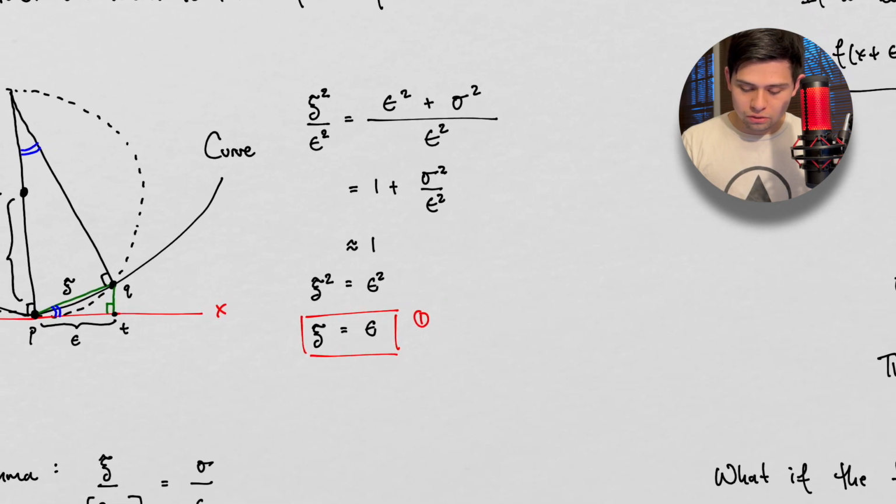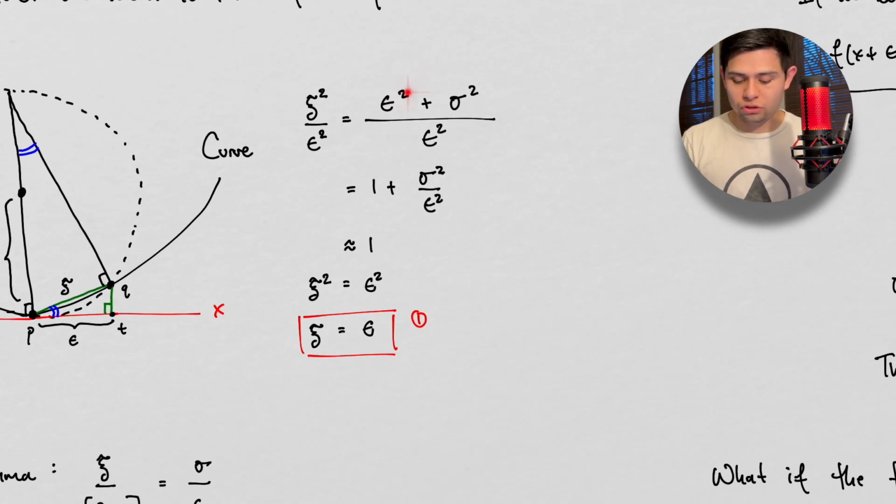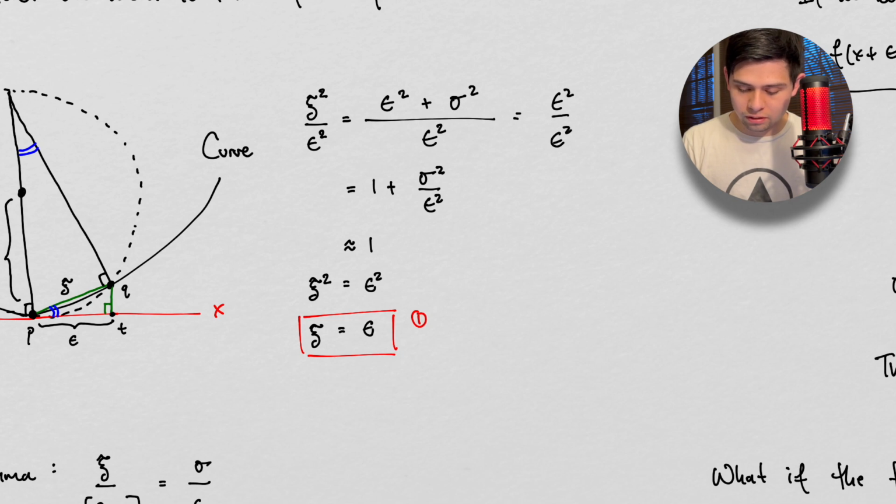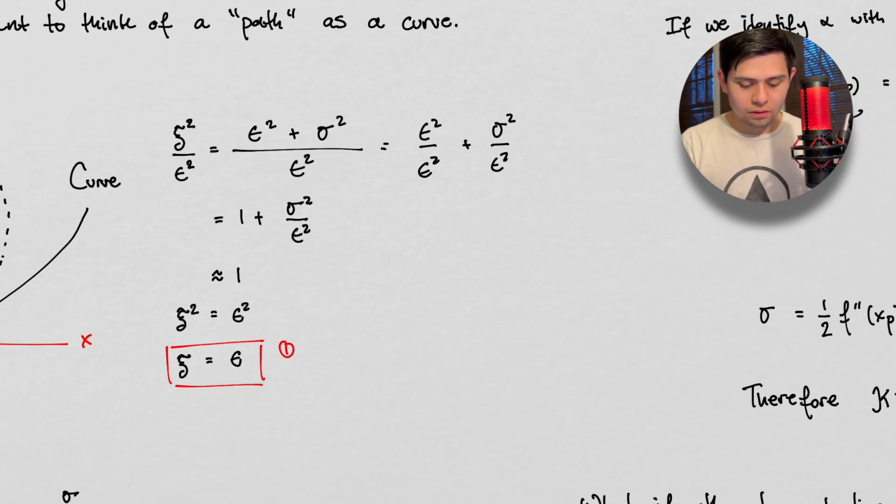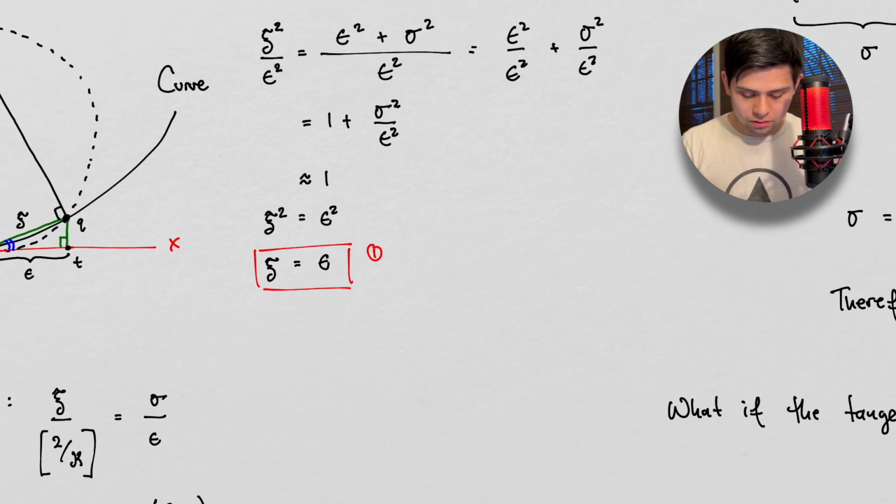Then we just split the numerator, so this is equal to epsilon squared over epsilon squared plus sigma squared over epsilon squared. We get this, because this is 1.